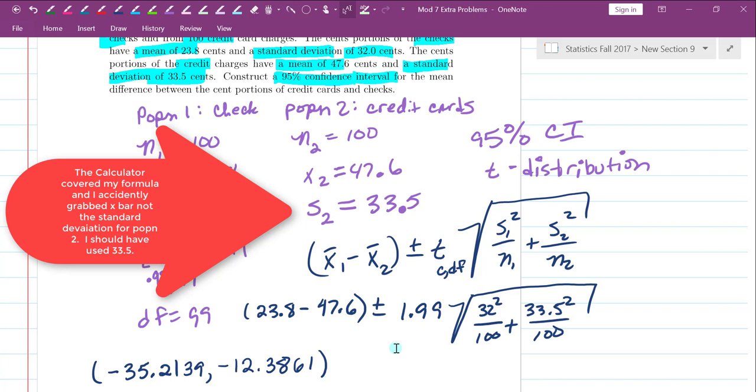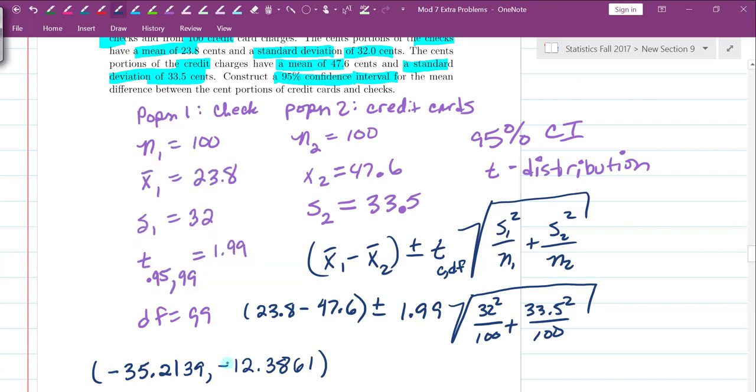The fact that I have a negative number tells me there are larger cents in the credit cards. I did checks subtract credit cards and ended up with a negative number, which tells me there are more cents in the credit card than there are in the checks.